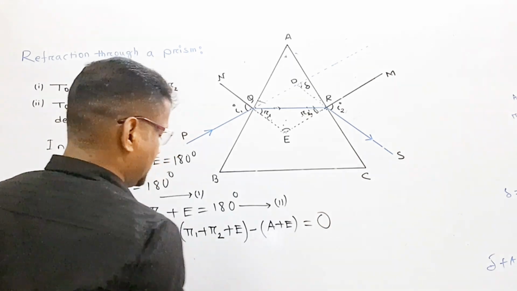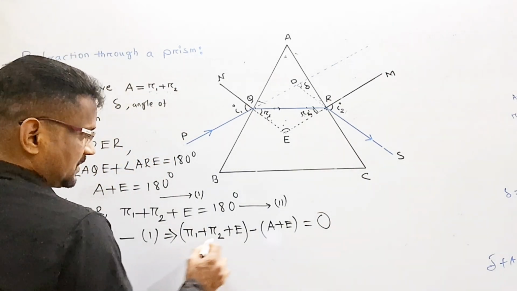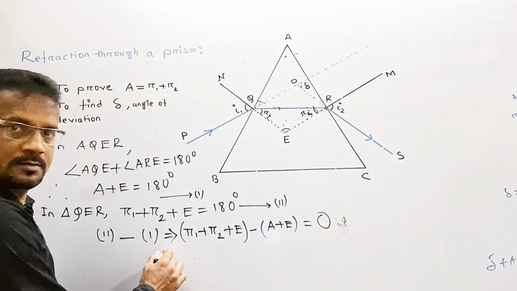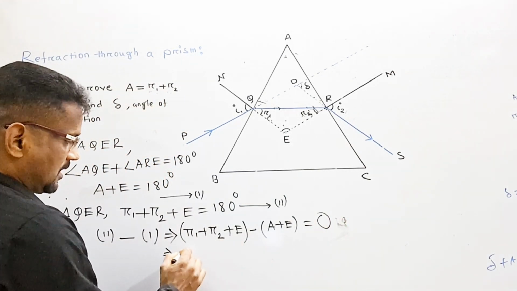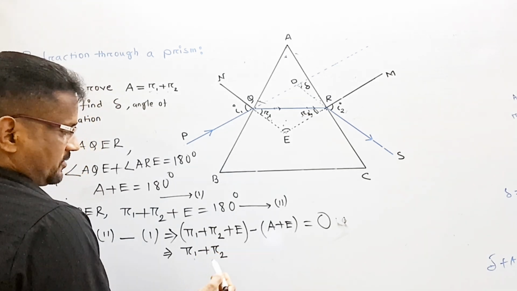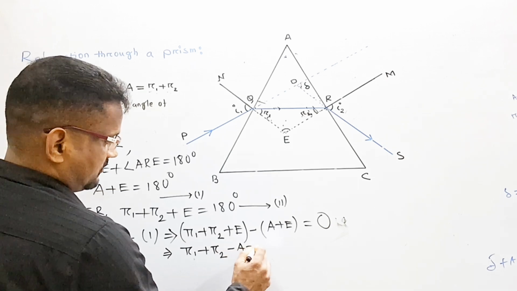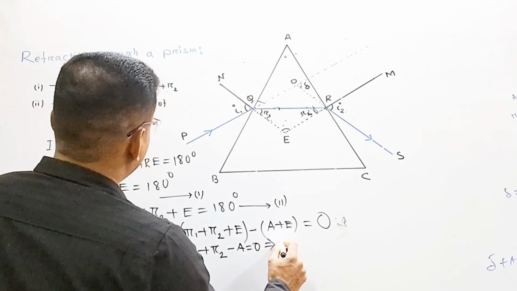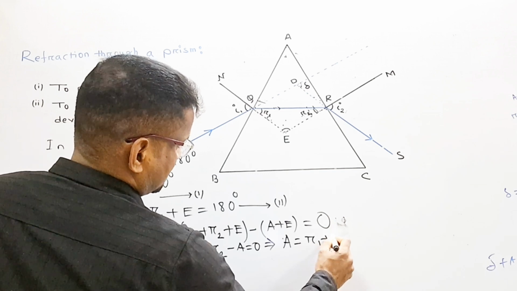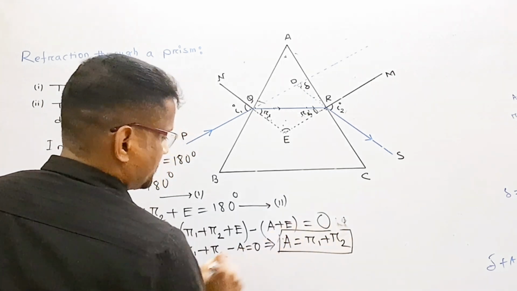On the right hand side you will get 0. Then you will get R1 plus R2, and E and minus E cancel, so minus A equals 0, which gives you the angle A equals R1 plus R2. This is the result to be obtained.